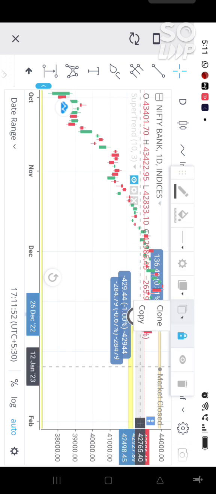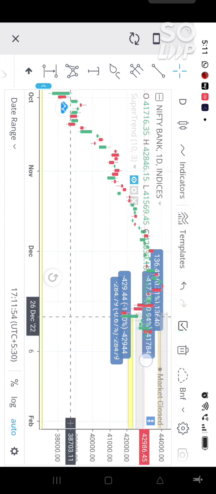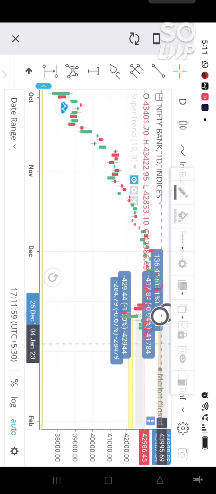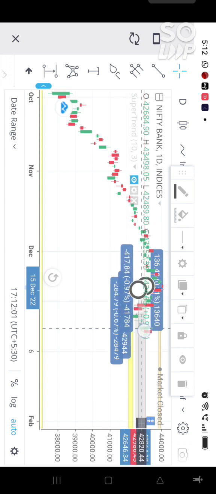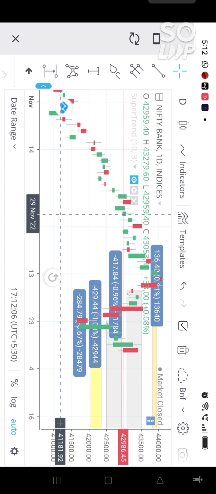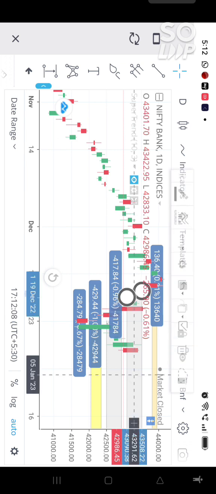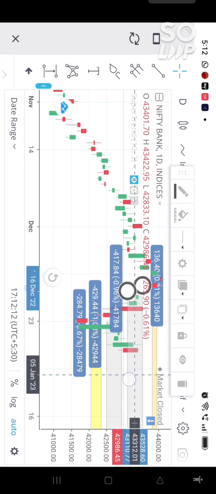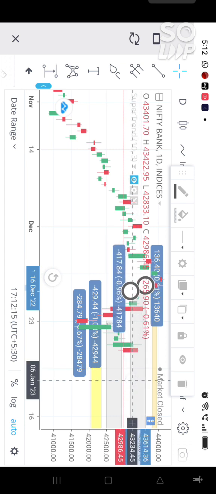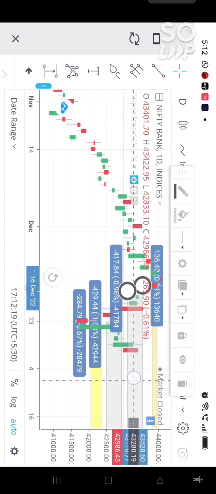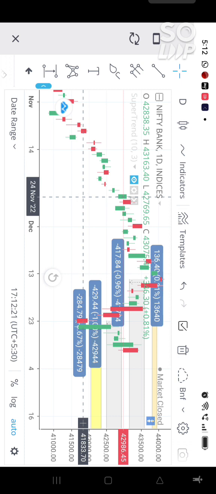Similarly, let's clone this and use it. And here is another zone, this red doji head top there. We'll take it a little here. Yeah, this will be our zone.